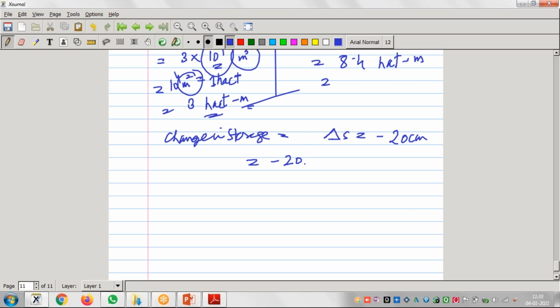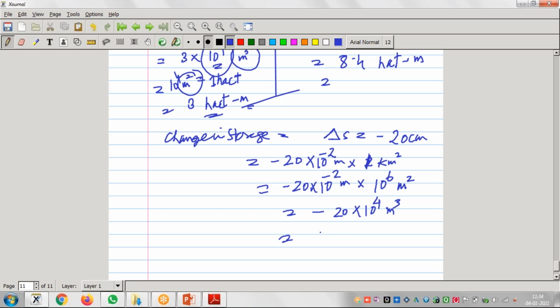So minus 20 centimeter, if I multiply by 10 to the power minus 2, will be in meter, into the area, which is 1 kilometer square, that is 10 to the power 6 meter square. So we get minus 20 into 10 to the power 4 meter cube.